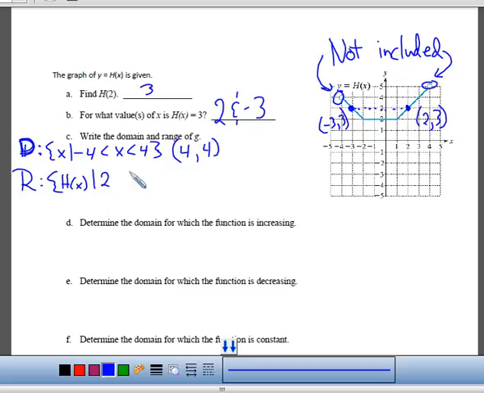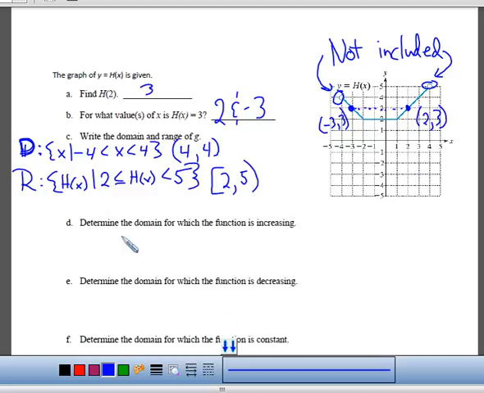So it's going to be 2 is less than or equal to h of x, which this time is less than, and what's the highest point? Follow this up, and that's at 5. And that is an open circle, so that one is not also equal to. Alright, so writing it in interval notation, 2, comma 5. The 2 is included, the 5 is not. Boom. Looks just like that.